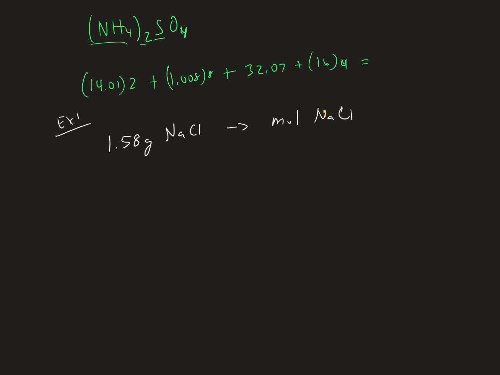Yeah, start with what we know, 1.58 grams of sodium chloride. Do we want grams in our answer? No, so where does it go? On bottom. And we're looking for moles.